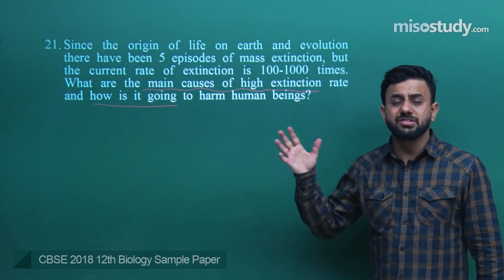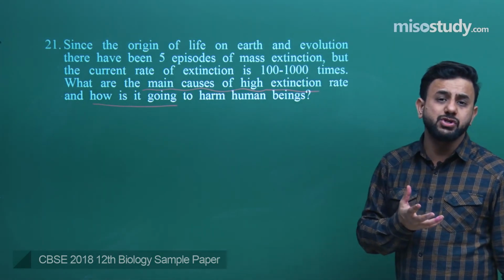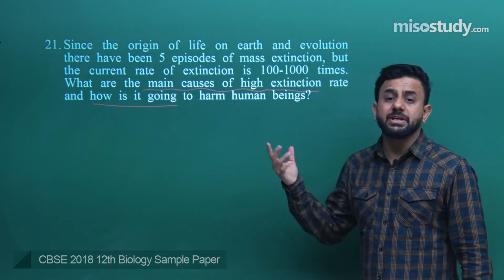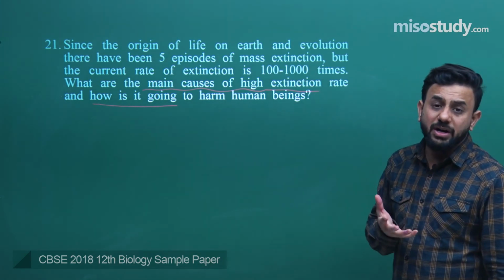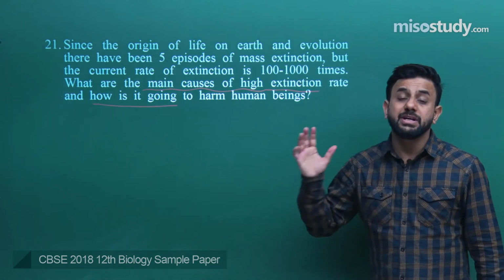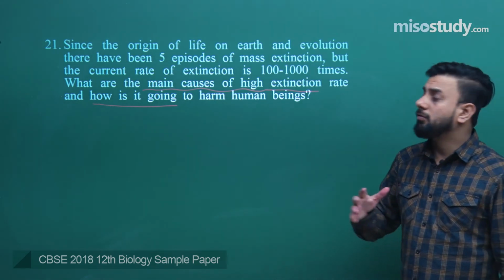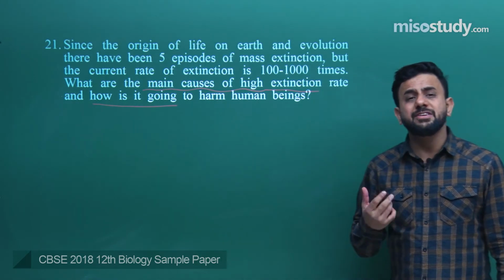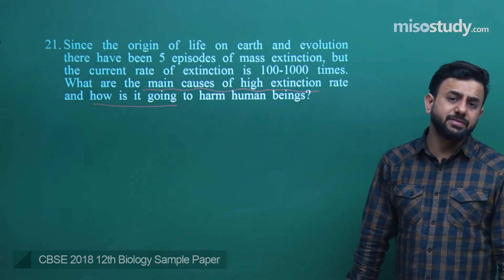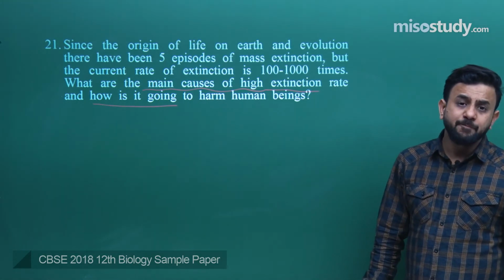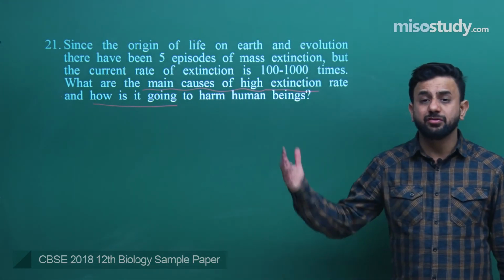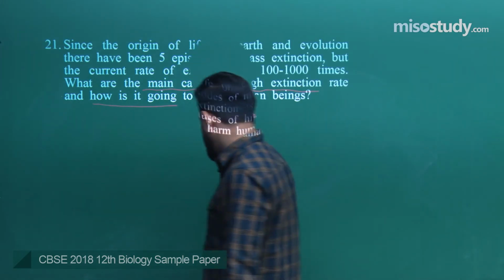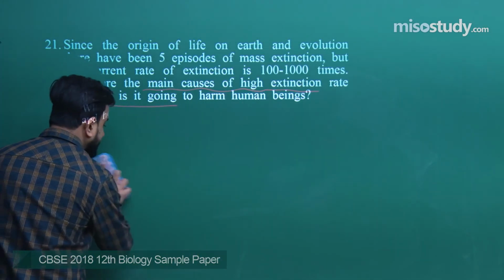After the habitat loss and fragmentation, we have co-extinction, the introduction of alien species, the exotic species, and all these things. These are mainly responsible for why we are having a very fast rate of extinction as of now. Okay? And how will it affect the human beings? We will see that when we are discussing this.